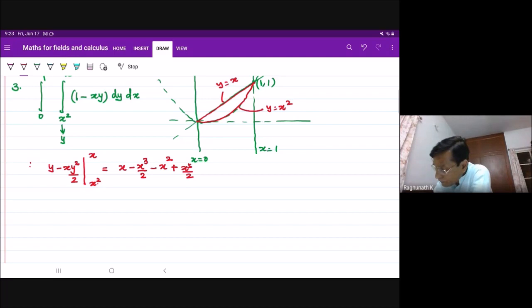Correct? Y is equal to x squared. Oh, all the terms are there here. So integral dx from 0 to 1.